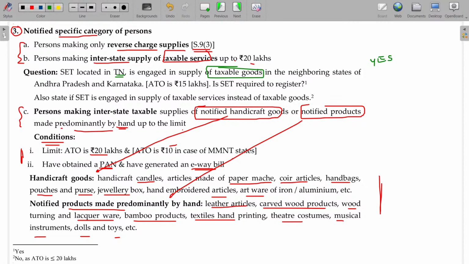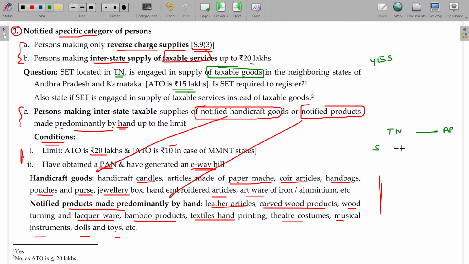In case of goods, it should be notified handicraft goods or products made predominantly by hand. Aggregate turnover is 15 lakhs. Although the aggregate turnover is less than 20 lakhs, of course you have to register, because irrespective of the aggregate turnover, you have to register, because these are goods, Tamil Nadu to Andhra Pradesh.